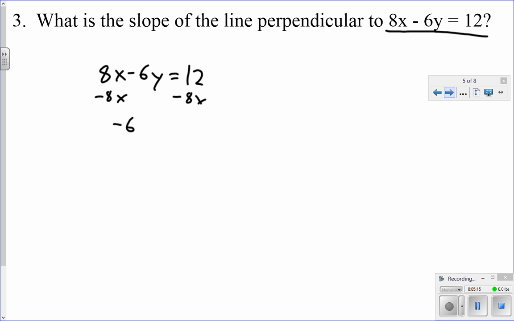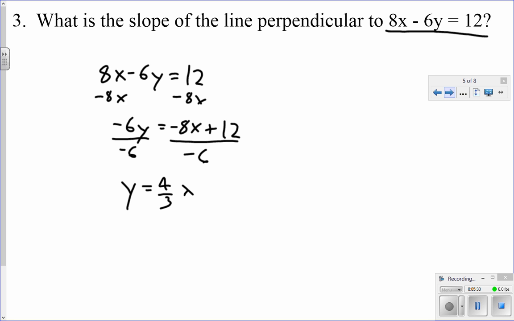I get negative 6y is equal to negative 8x plus 12. Divide by negative 6. Get y is equal to, negatives are going to cancel out, and 8/6 reduces to 4/3 x minus 2.